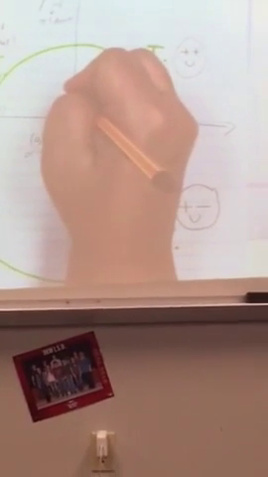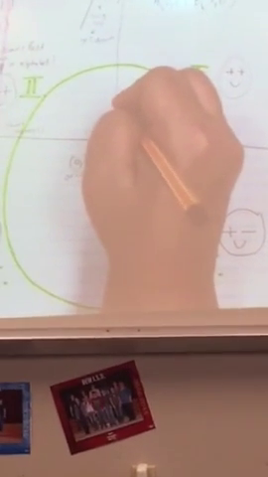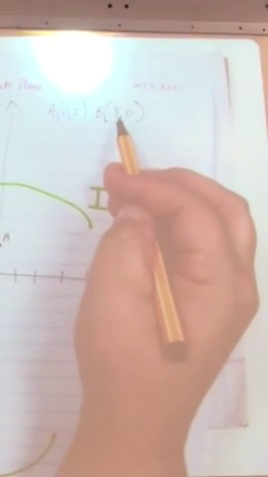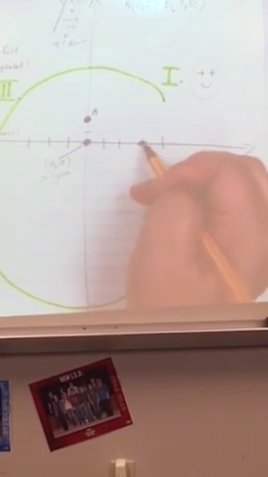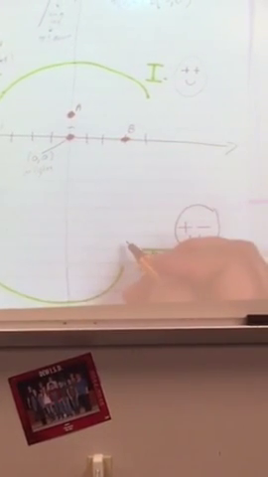I would just go up 2, and that would be A. For B, I'm going to go over, and it's positive 3, so I'm going to go over to the positive 3, and then it says to go up and down 0. So I'm just going to go over 3, up and down 0. That would be point B.